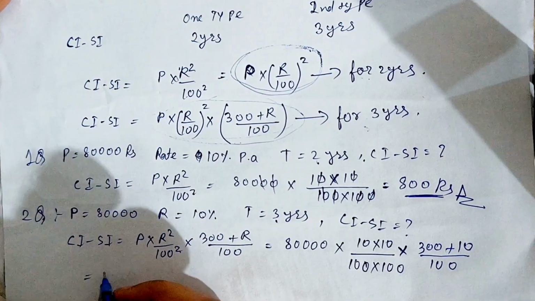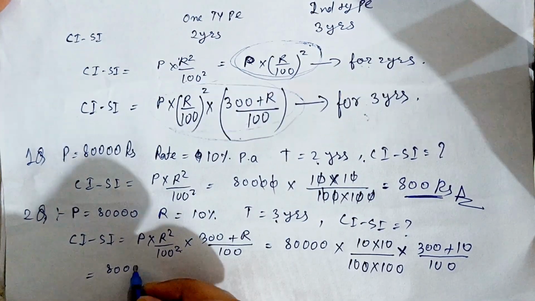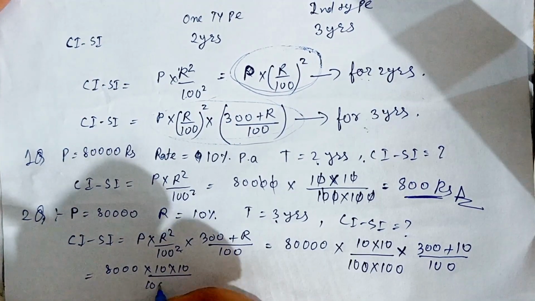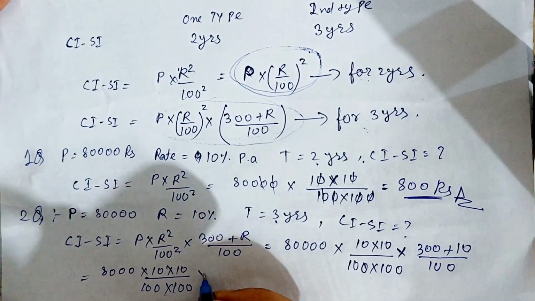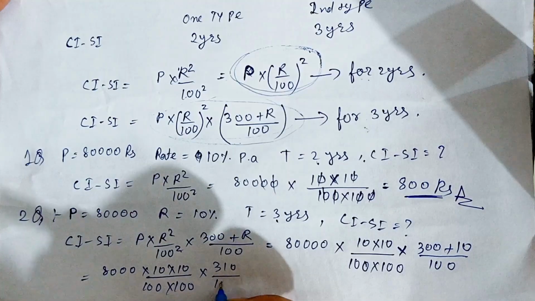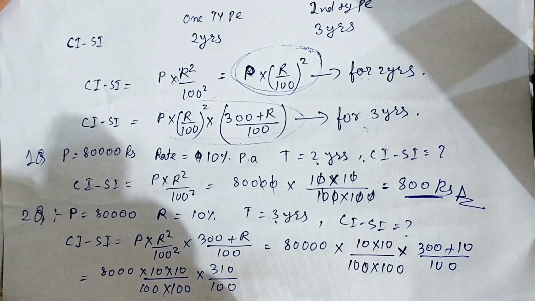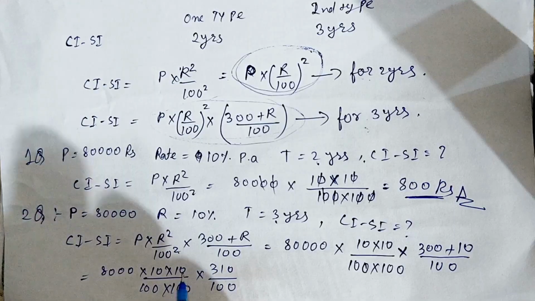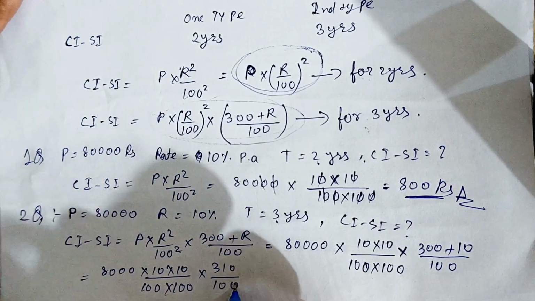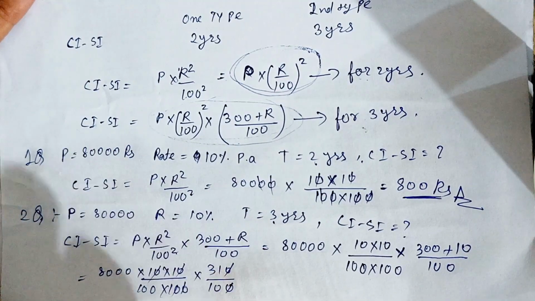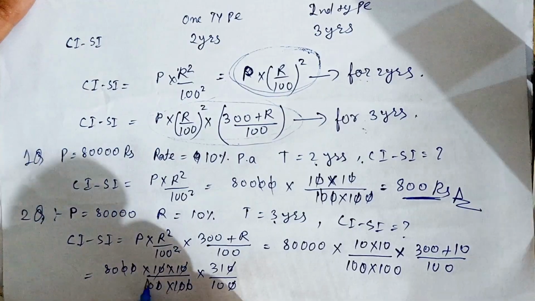So in the next step we write 80,000 into 10 by 100 into 10 by 100 into 310 by 100. Simply we cancel the same numbers in the numerator and denominator. 10 and 10 cancel, and again 10 and 10 cancel.